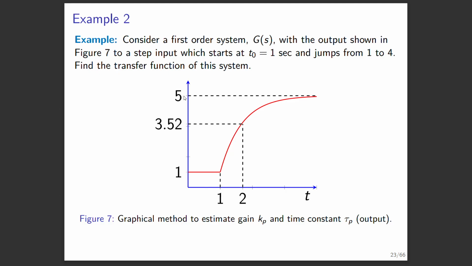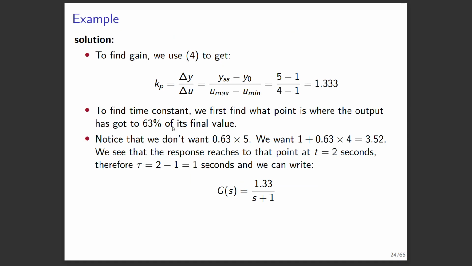That's going to give me the wrong number. I don't want to find 63% of 5. I want to find 63% of the jump here. So 63% of 4, and then add that to the initial value. So I'm going to end up being at 3.52. So I add 1 with 63% of 4 to give me 3.52, and that would be the time response.